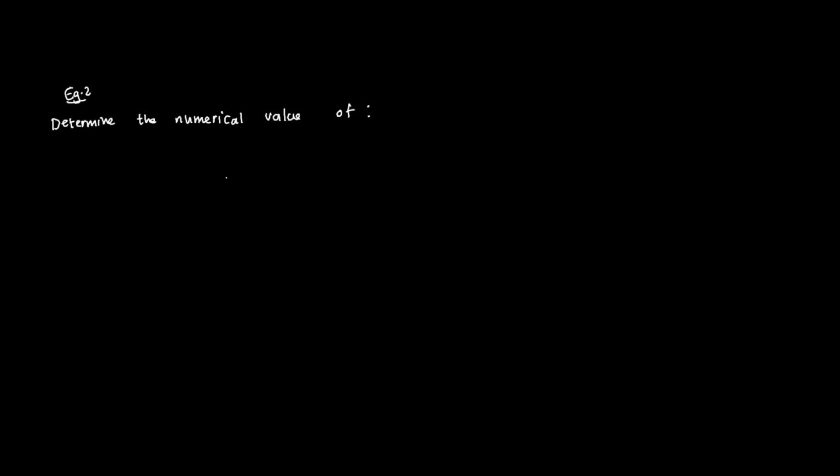Let's say we have to determine the numerical value of a cubed minus 1 over a cubed if a minus 1 over a is equal to 2 and a squared plus 1 over a squared is equal to 5.